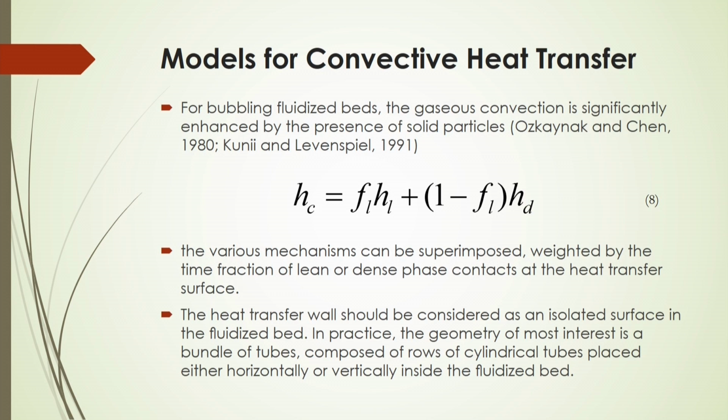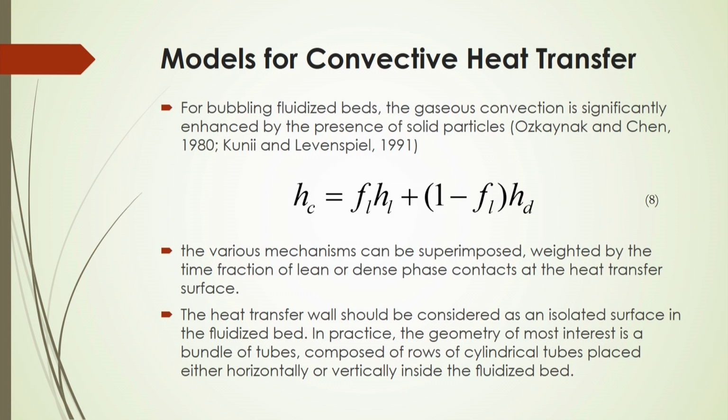Now, what are the different models by which you can express or analyze these heat transfer coefficients? Let us consider first the convective heat transfer coefficient. For the bubbling fluidized bed, the gaseous convection is significantly enhanced by the presence of solid particles, and because of which there will be an enhancement of the heat transfer in this bubbling fluidized bed phenomena.